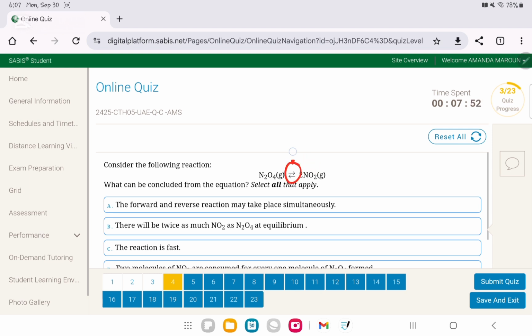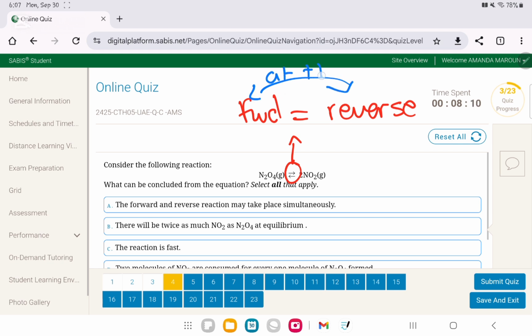We have an equation of equilibrium. When we have equilibrium, then the forward is equal to the reverse. That means they can take place at the same time. Another word for at the same time is simultaneously.